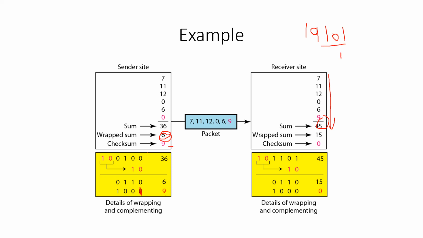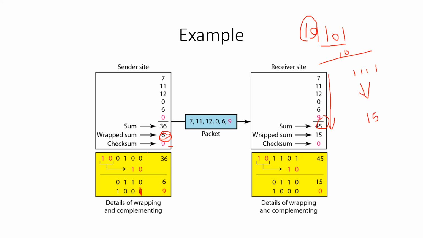Again this 1 0 will be taken here, and then again we will calculate the sum. So it is 1 1 1 1. This is the decimal equivalent 15.